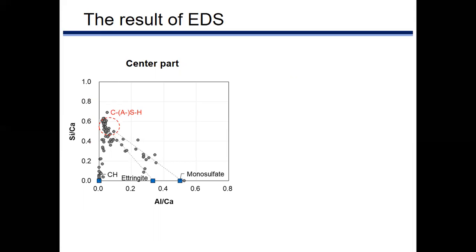This figure shows the result of center part of the specimen, which was hardly damaged. The center part of the specimen is mainly consisted of portlandite and C-S-H and monosulfate.